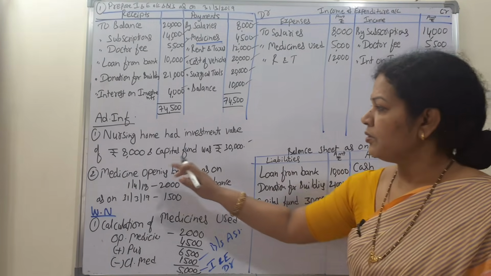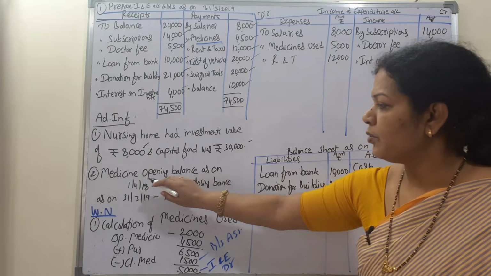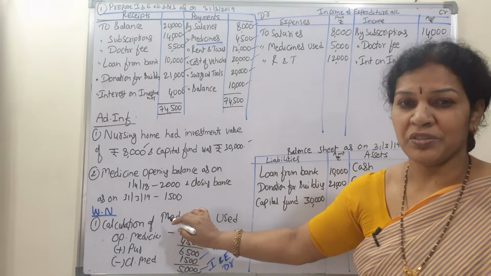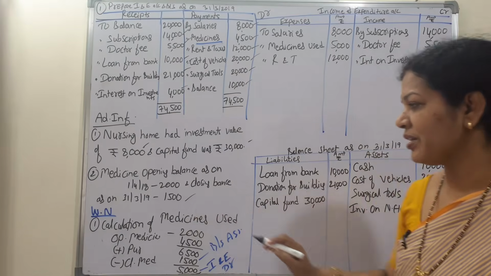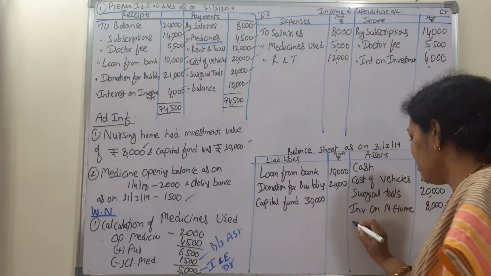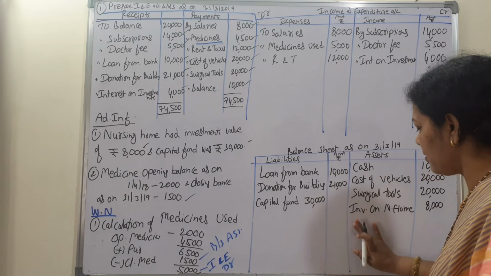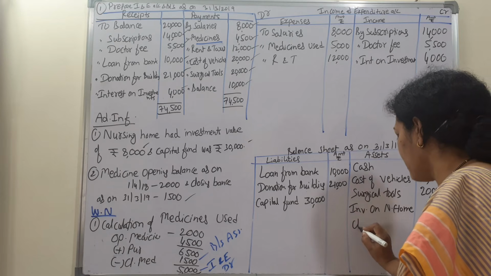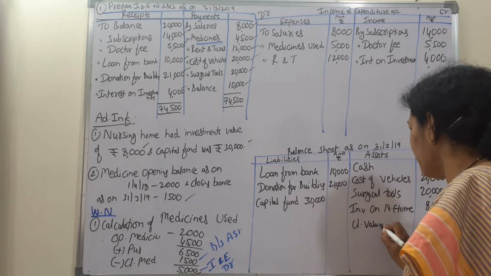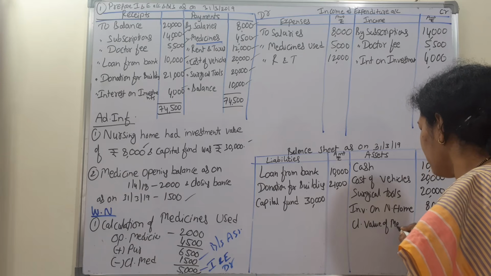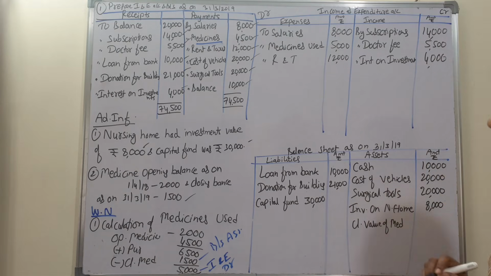Next, medicines opening balance not required, but closing balance is asset. So this will take it on the asset side. Medicines, or you can write closing balance of medicines. Closing value of medicines. How much is it? 1,500.